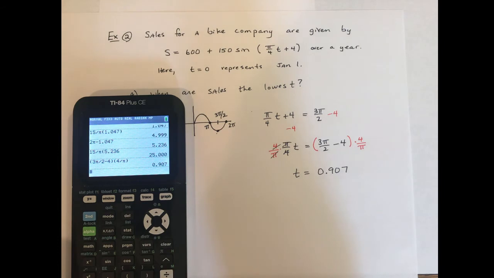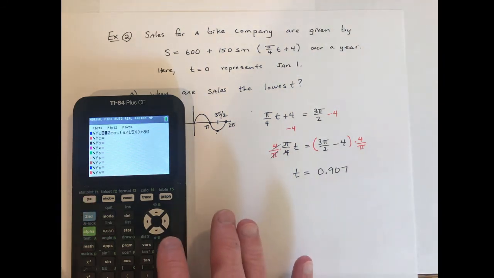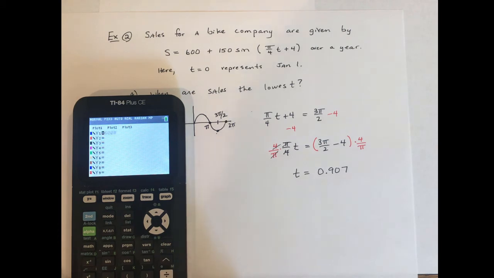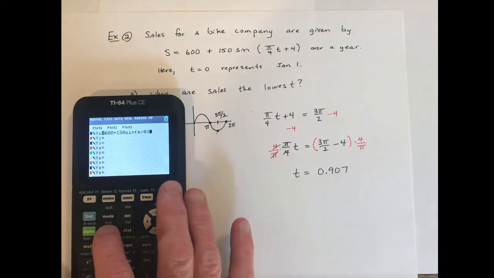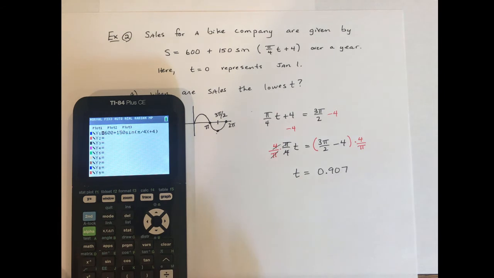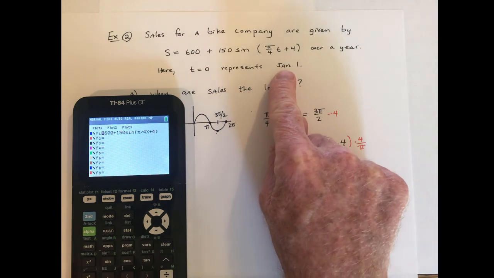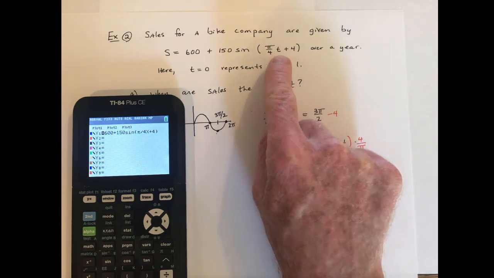Now I want to see if that makes sense. So what I'm going to do is graph the function, 600 plus 150 sine of pi over 4 x plus 4. It's over a year, and because this is months, that means t is months.